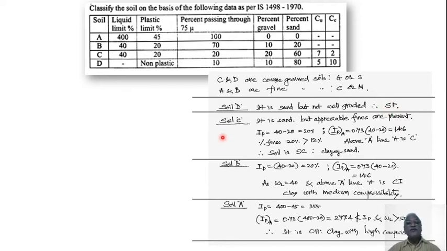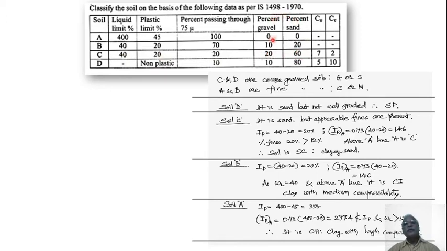Now soil C, if you take, interestingly what they have given is liquid limit and plastic limit, but the percentage of fines is 20%. Because of that, they have taken the sample passing through 425 microns and conducted the liquid limit and plastic limit tests, right?